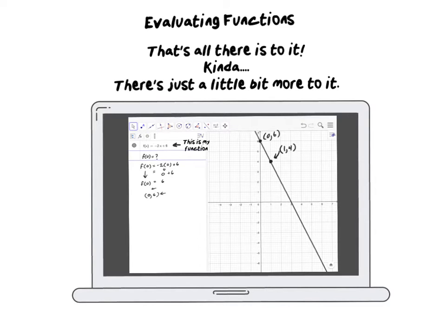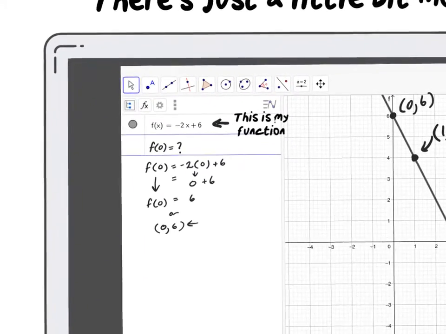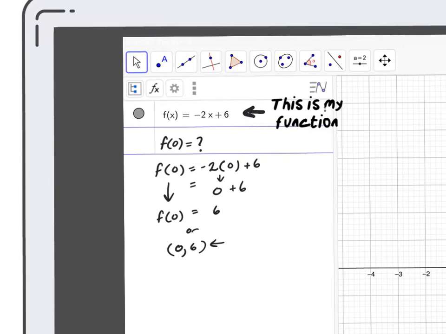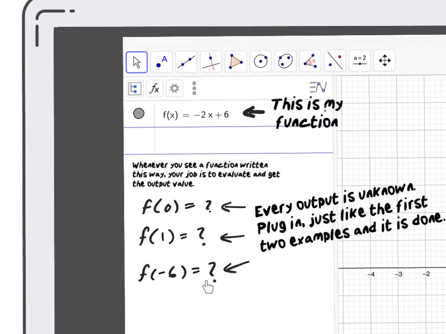There's a little bit more because right now the only thing we focused on was finding an output. What if we need to find the input? Anytime you see a problem set up this way and these are your question marks, that means we have to plug in to find the output.